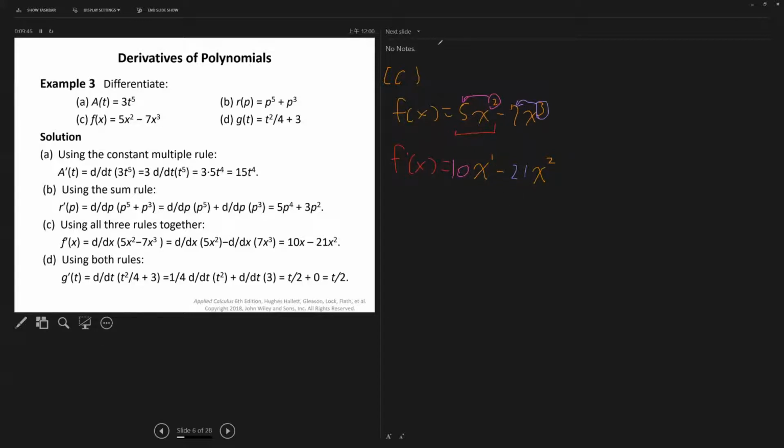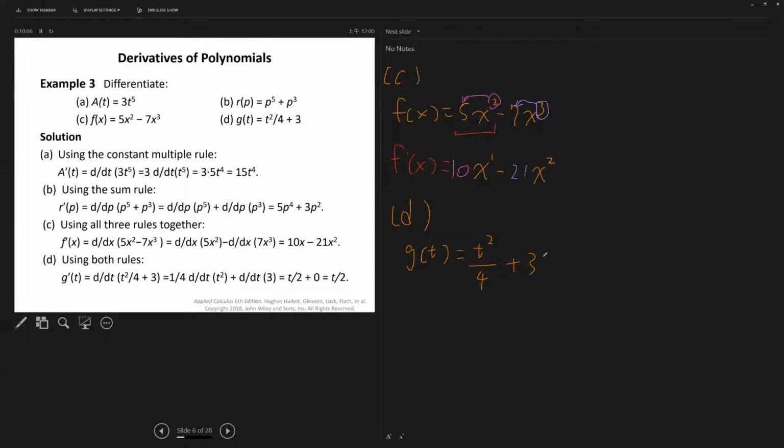Now go ahead and pause the video and try part D on your own. All right, so part D, we have g of t is equal to t squared over 4 plus 3. And we can do the same thing here.